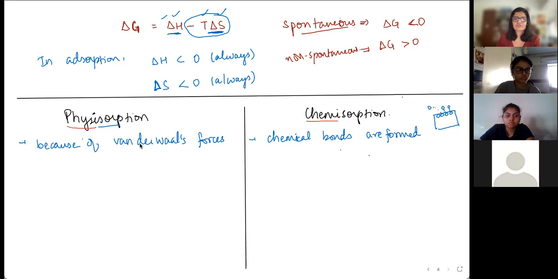So physisorption is completely physical. In this case, the chemical bonds are formed between the surface and this thing. So whatever properties follow are caused purely because of this.